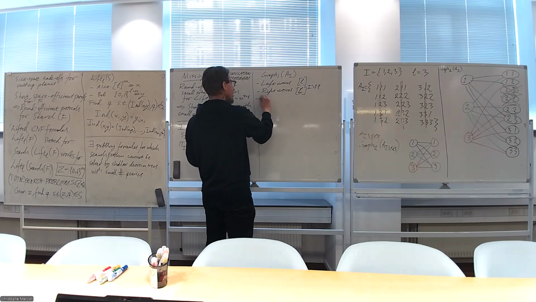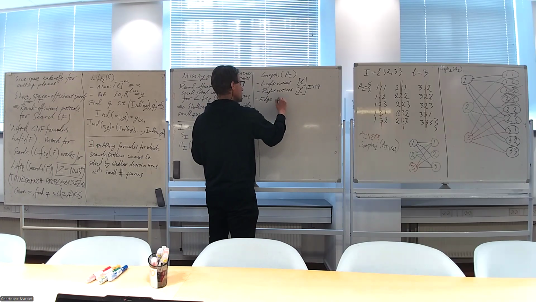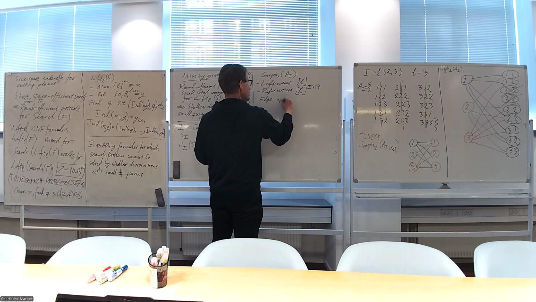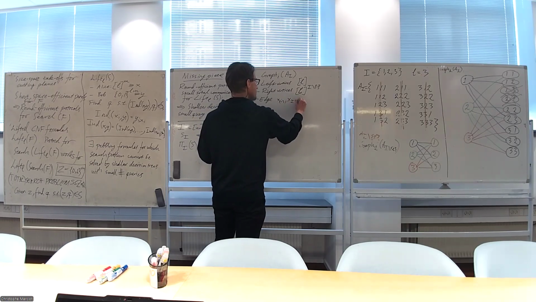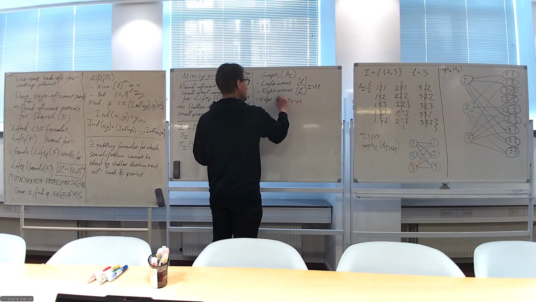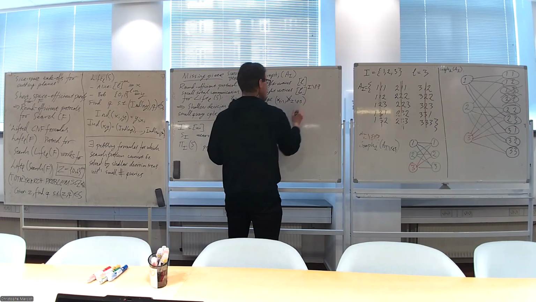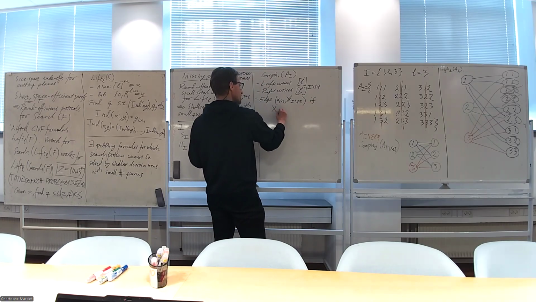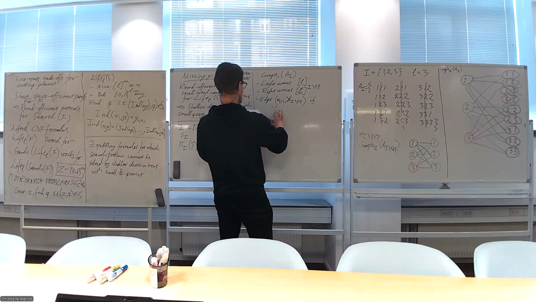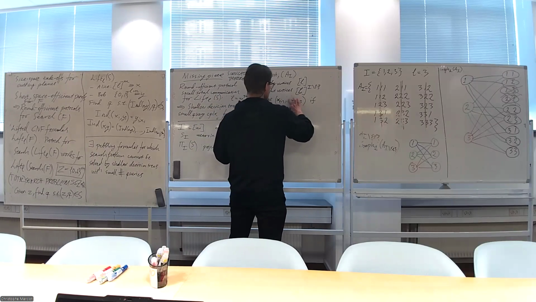And then I have an edge between xi and xi minus I. This is a lowercase x, this is an uppercase x. Sorry, all of them are lowercase.